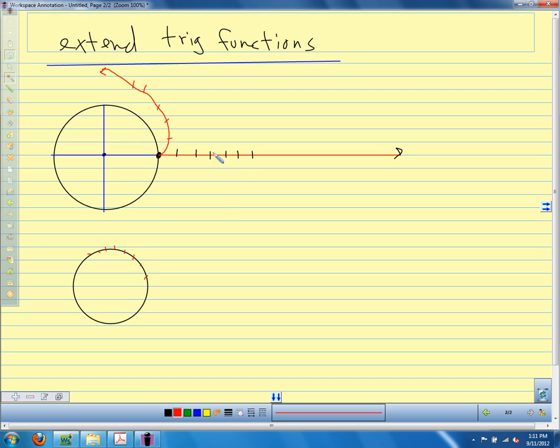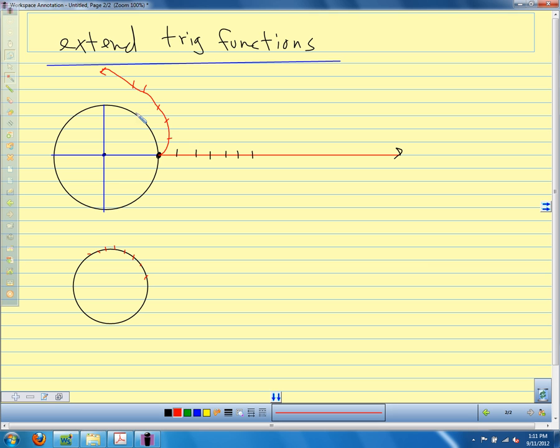So if I have some number here, it's at some point on the unit circle, I can find the x and y coordinates, and we call that the cosine and the sine of that point. We're not even talking about angles anymore. We're just talking about a point. So we're letting our trig functions operate on real numbers, not just angles. So that's a nice benefit of the unit circle, is it lets us extend this idea of trig functions.